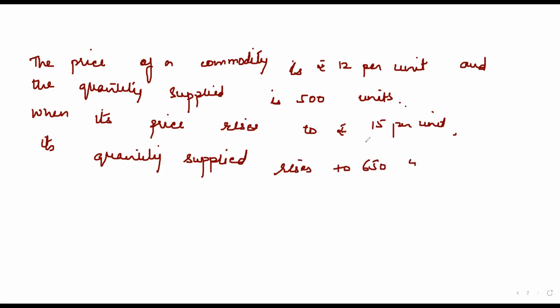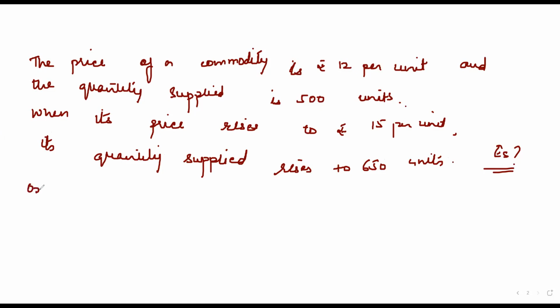Okay. So there is an increase in price and also an increase in the quantity supplied. Fine. So we have to find out the elasticity of supply. How are we going to find this? Let us do this question.